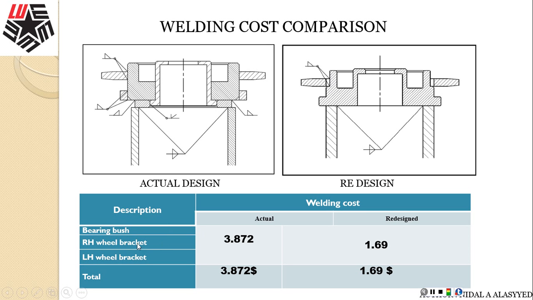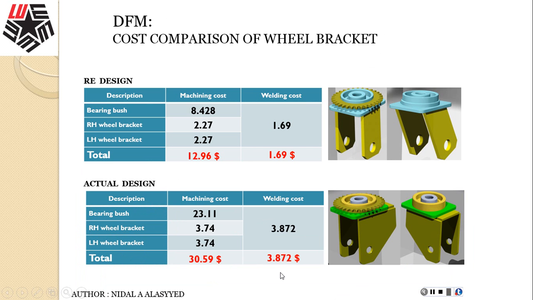Look at the cost difference between all these three parts, actual versus redesigned, from almost $3.87 compared to $1.69. That's the cost per unit for the welding, the difference between actual and redesign. Here is another comparison of numbers for machining and welding cost.